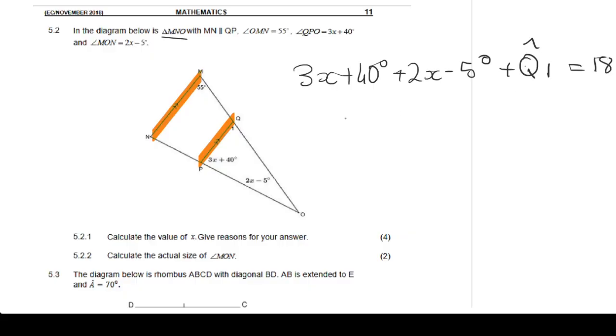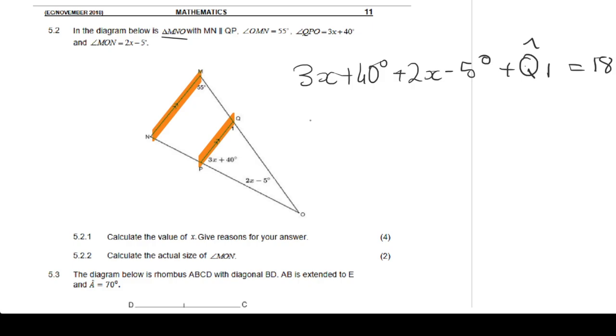So a nice and easy way to calculate x is, since this is a smaller triangle within this bigger triangle, right? We can work out x by saying 3x plus 40 degrees plus 2x minus 5 degrees plus Q1 is equal to 180 degrees, right?